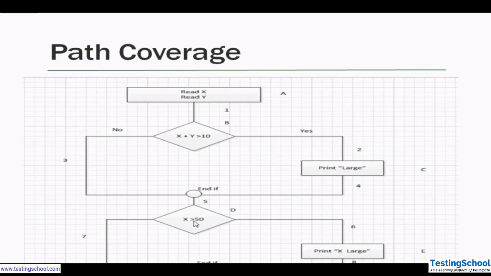If x is less than 50, then it moves to the end if for the other statement. So in this we have 8 statements as seen in this diagram. In statement coverage, we verify that all the statements are covered at least once.